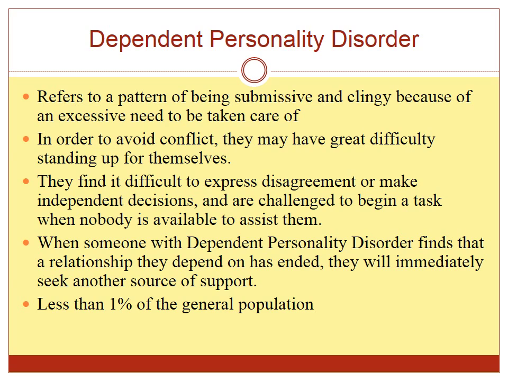When someone with dependent personality disorder finds that a relationship they depend on has ended, they will immediately seek out another source of support. And this is less than 1% of the population.